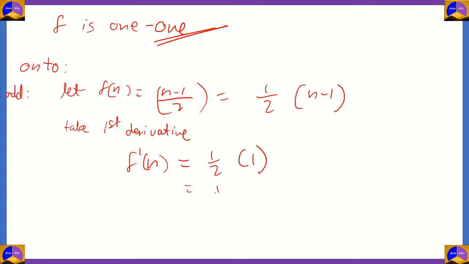So 1 by 2 is greater than 0. So therefore the derivative of the function is greater than 0. So this is possible for all n belonging to natural numbers if the value of n is odd.